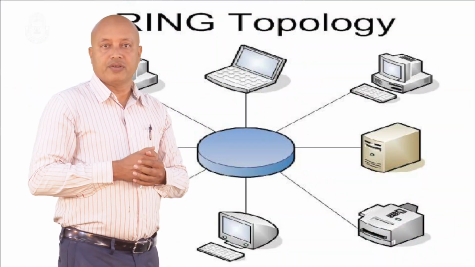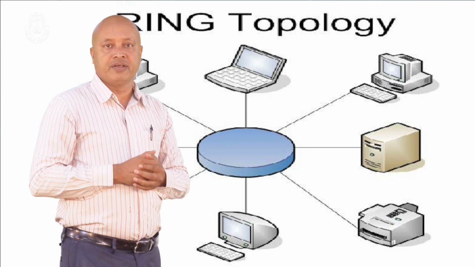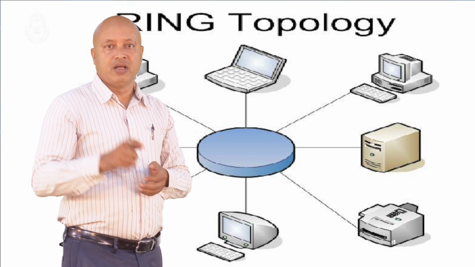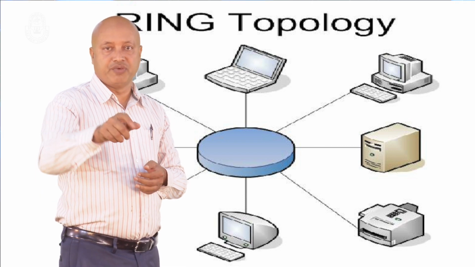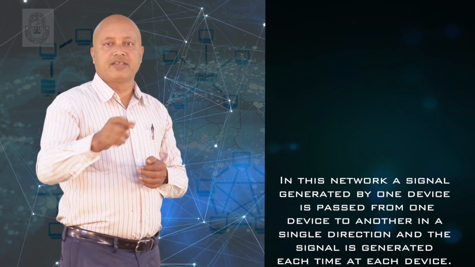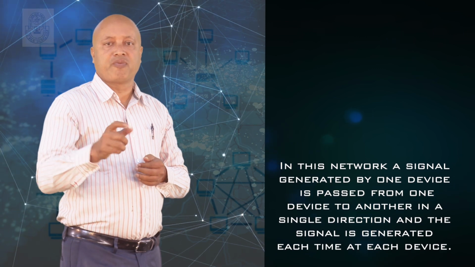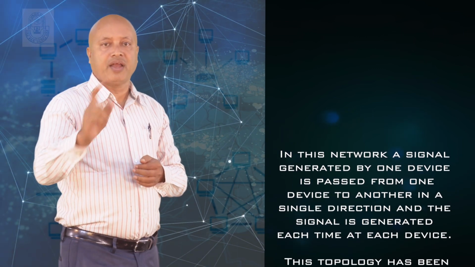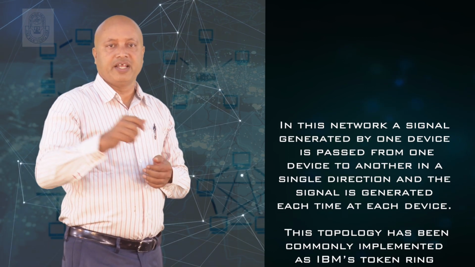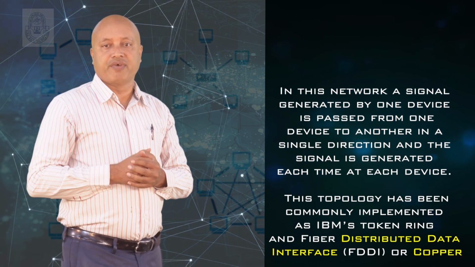Ring topology. In ring topology, the devices are connected in a circle in a series of point-to-point links between each device. In this network, a signal generated by one device is passed from one device to another in a single direction, and the signal is generated each time at each device.